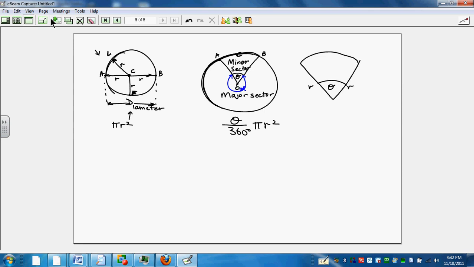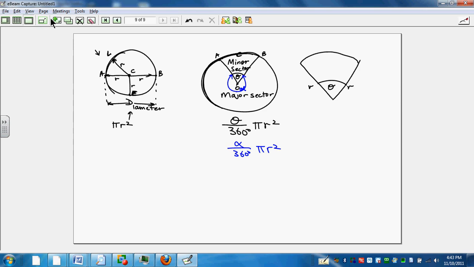Alpha is just another Greek letter that you could use for angle. So if we had to get the area of the major sector, it'll be alpha now over 360. Whatever alpha it is, it might be 310 degrees, might be 250 degrees, no matter, whatever it is, you divide it by 360 and multiply that by pi r squared. Simple like that. Okay, that's how you'd get your areas.